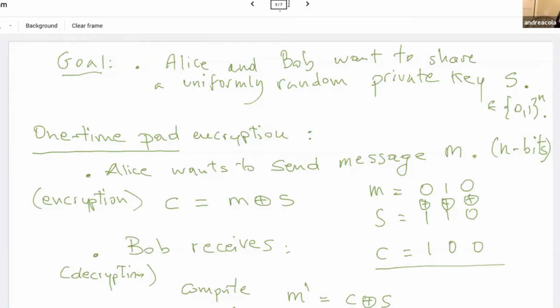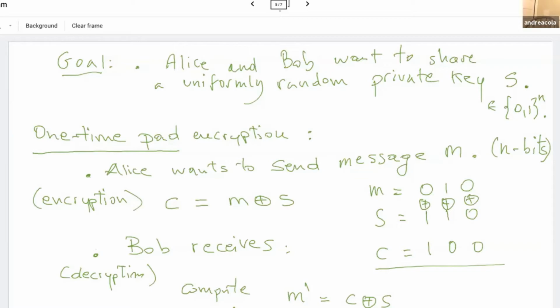They gain nothing by looking at the ciphertext. An adversary, an eavesdropper, can always guess at random, but if you use the scheme, that's the best they can do: just make a uniformly random guess for what M is going to be.